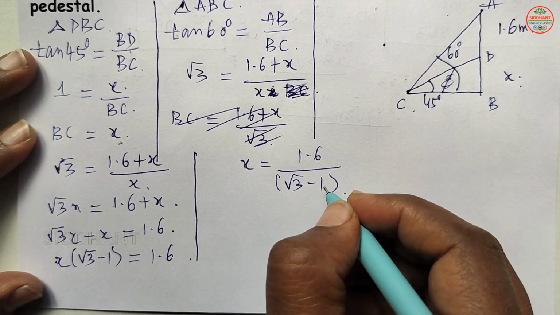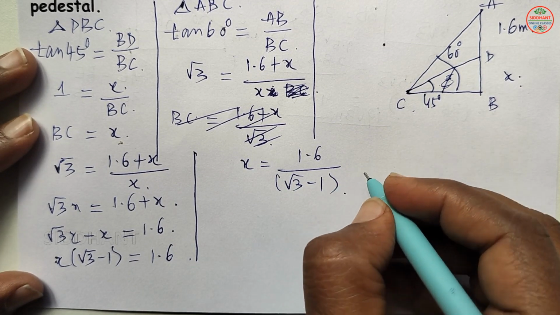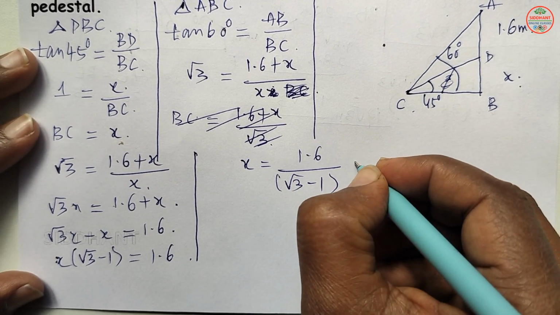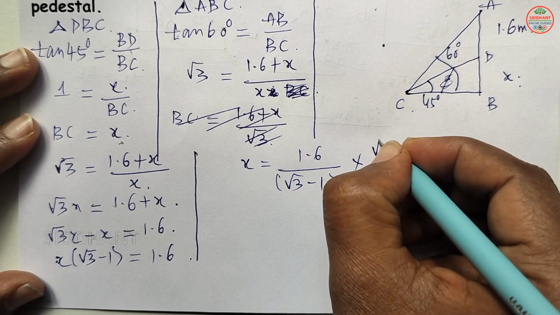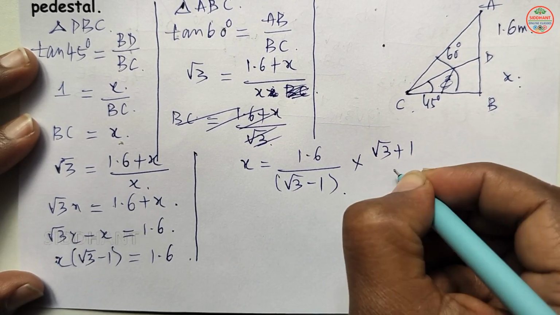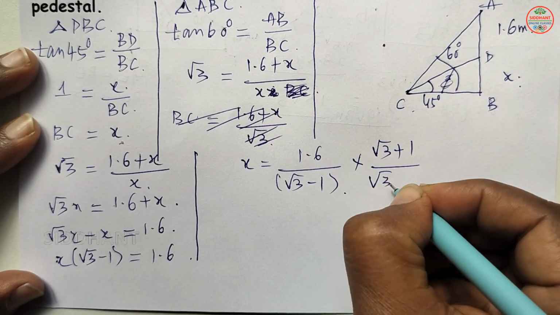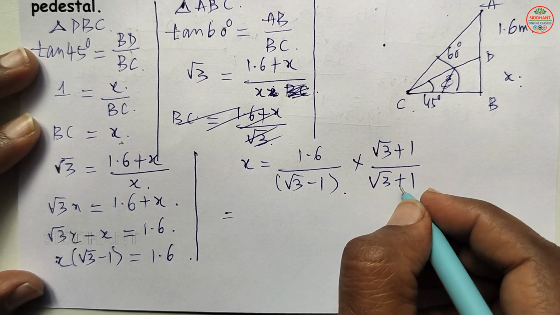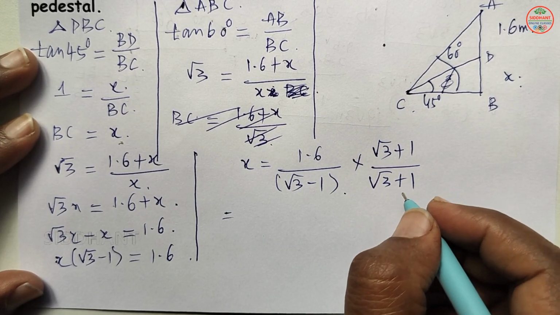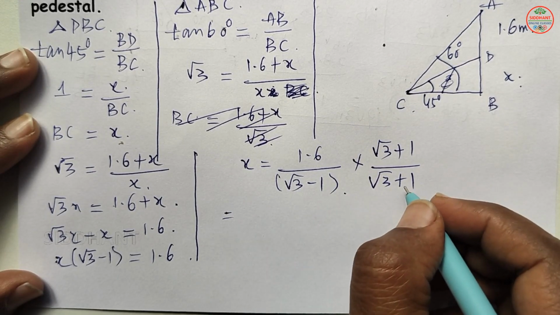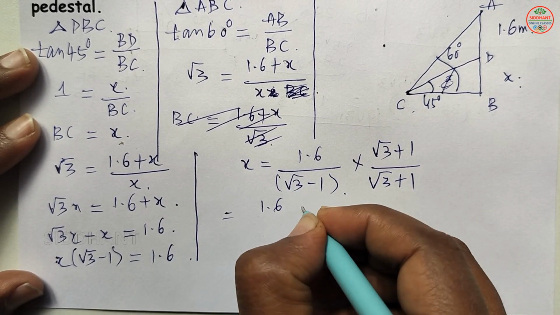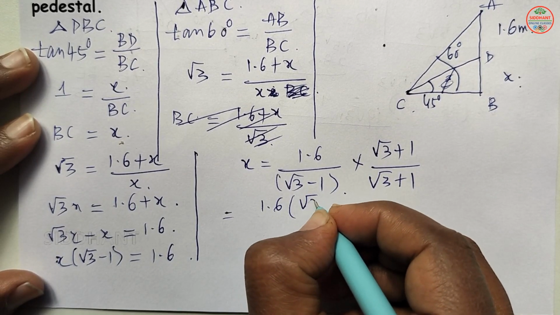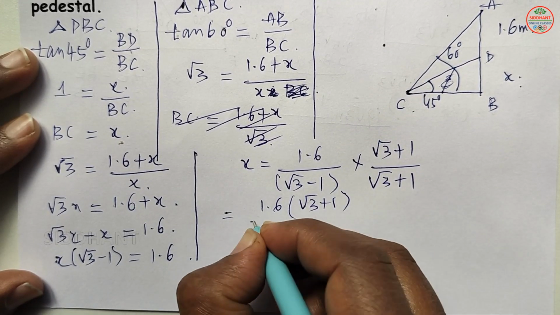If you want to simplify further, we can multiply and divide by root 3 plus 1. We get a minus b into a plus b, that means a square minus b square. So 1.6 into root 3 plus 1.